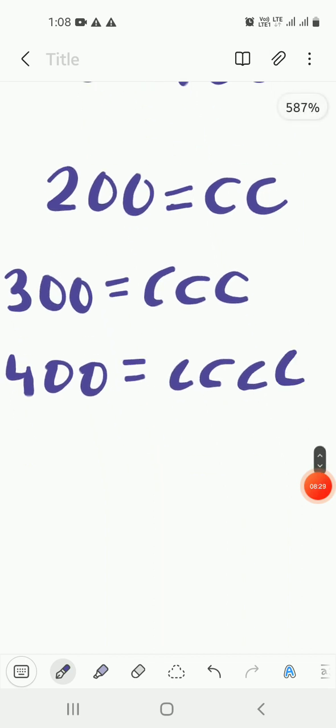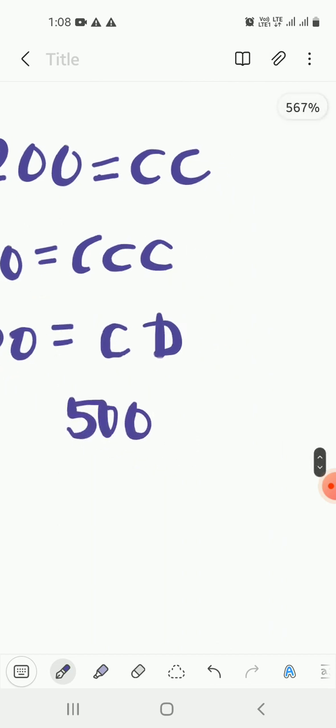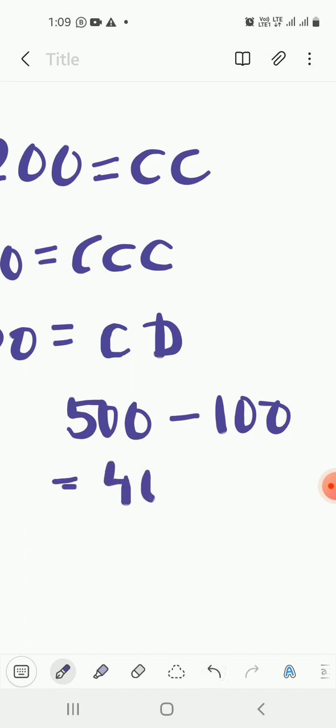We can only write it thrice, so this is not right. So what we write is D, which means 500, minus C, which means 100. C is written to the left of D, which means 500 minus 100, and that comes to 400.